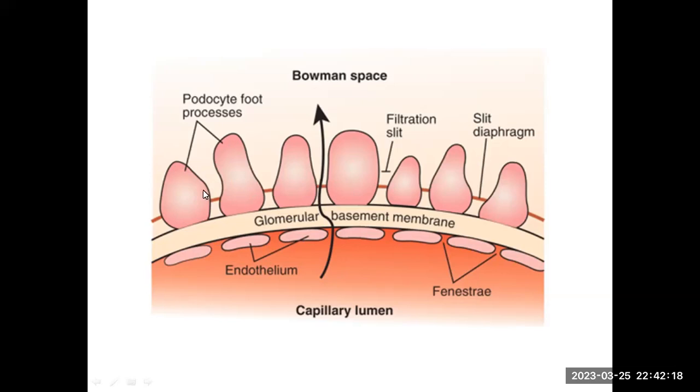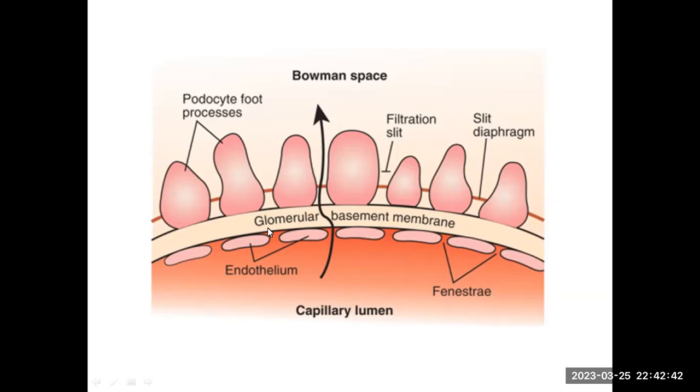These podocytes, these epithelial cells, have characteristic foot processes, through which they attach to the glomerular basement membrane. And between these foot processes, there are what are called filtration slits. These filtration slits are also a sort of size barrier in the glomerular filtration membrane, and they are narrower compared to the pores in the endothelium.